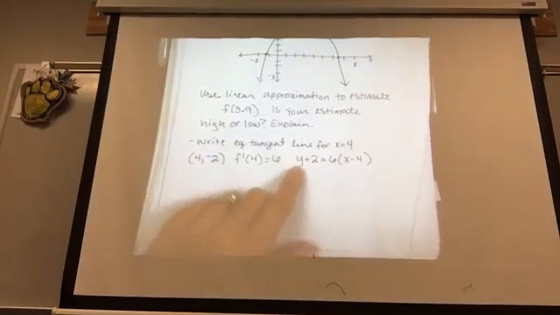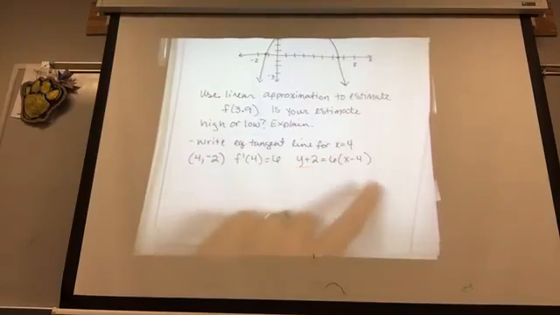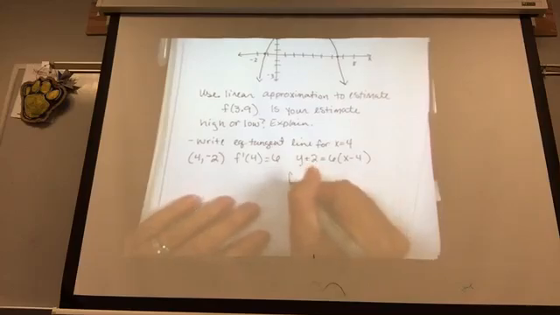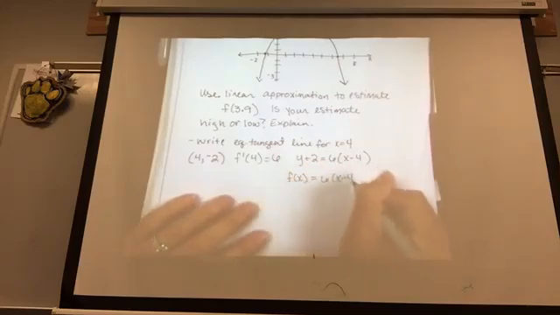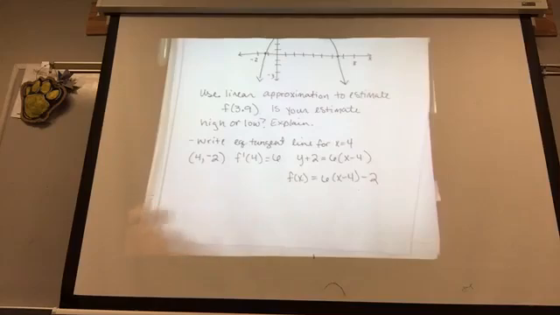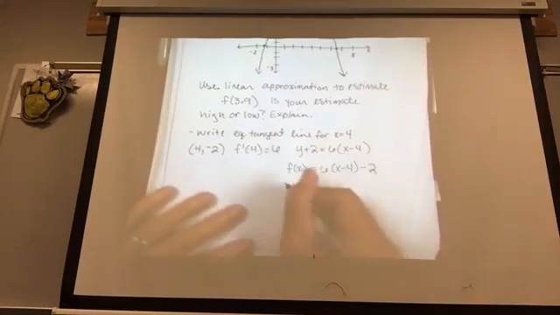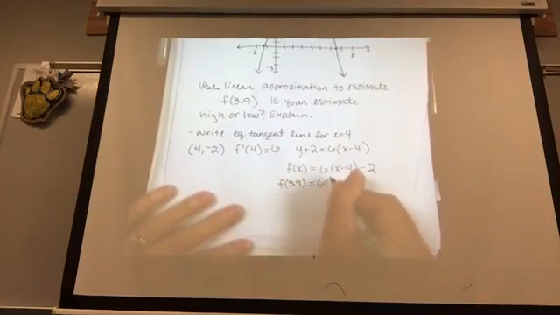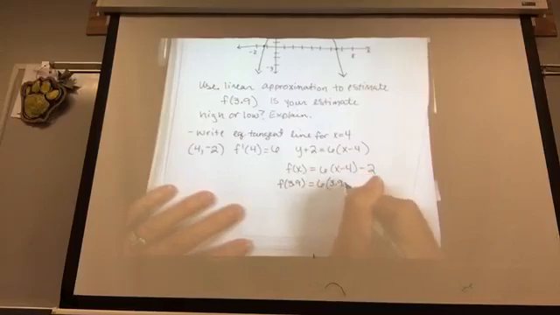Now I can solve for y by subtracting 2 over, writing it as f of x equals 6 times x minus 4 minus 2, and now I can plug in my value, which is 3.9. So f of 3.9 would equal 6 times 3.9 minus 4 minus 2.